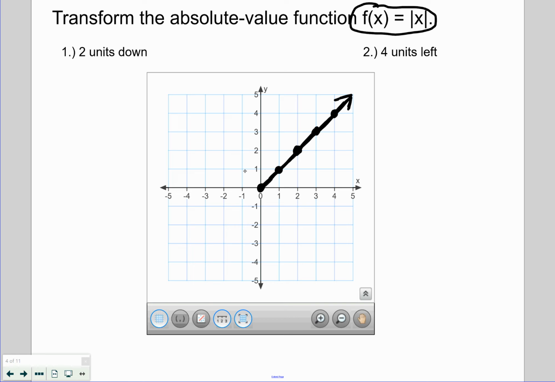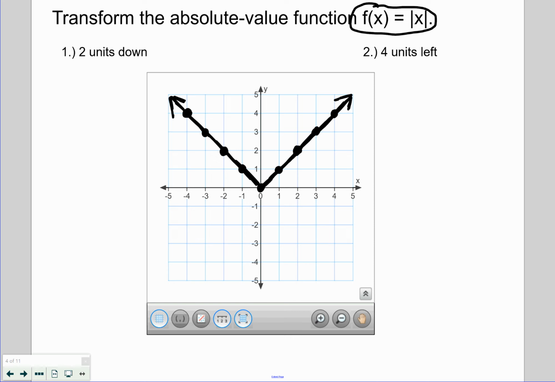Positive 1, because the absolute value of anything is going to be positive. So I went to -1 in the x, and you told me it was positive 1. Then I heard Josue say -2, comma, positive 2. -3, comma. You see where we're going here. We're creating our v. It should be a v.